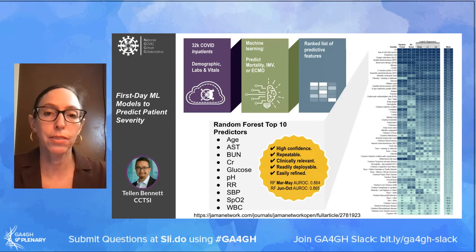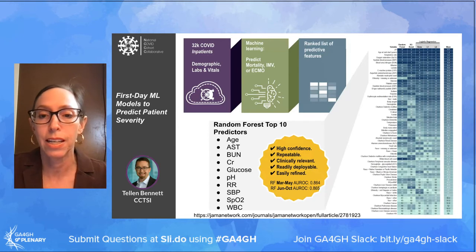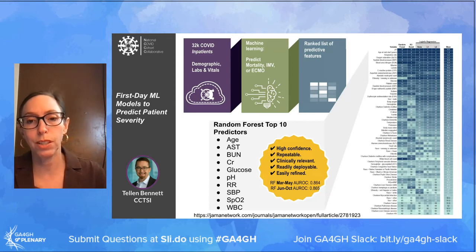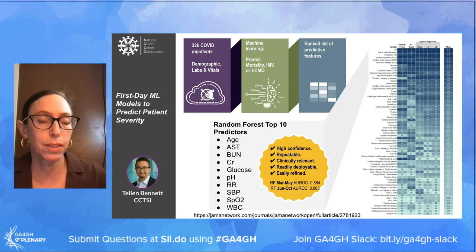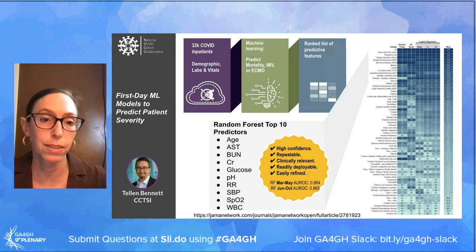And the machine learning algorithm has high confidence, it's repeatable, it's clinically relevant, it's readily deployed, and it's easily refined. Another thing we tested is that we were concerned it might change over the different periods of the pandemic as we had different spikes that affected different types of populations. We found it was robust with regard to the different phases of the pandemic.